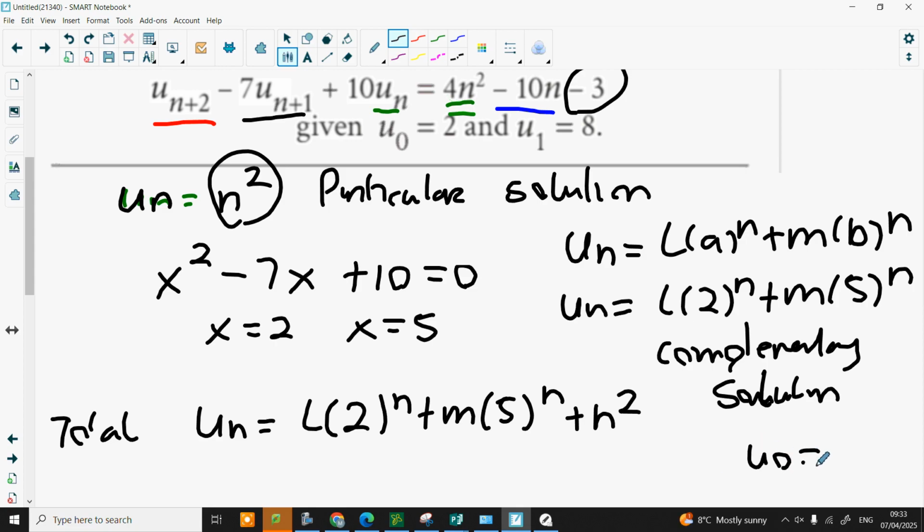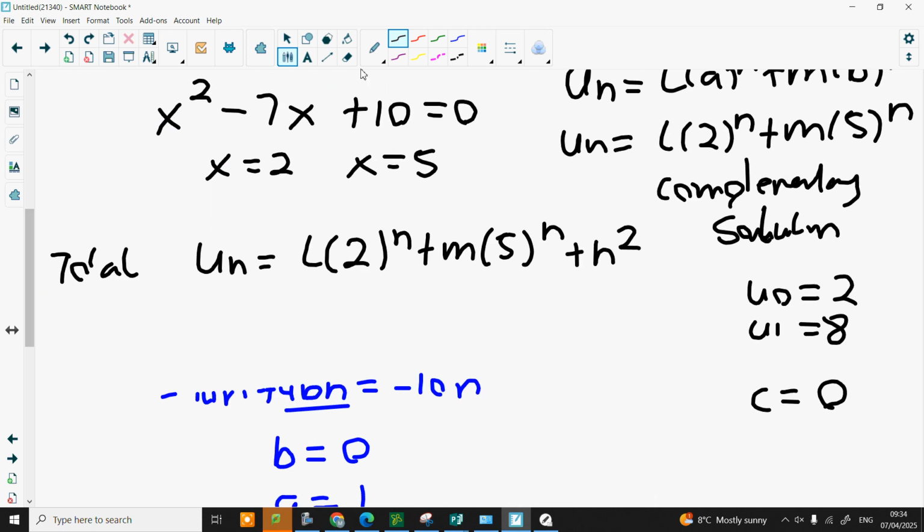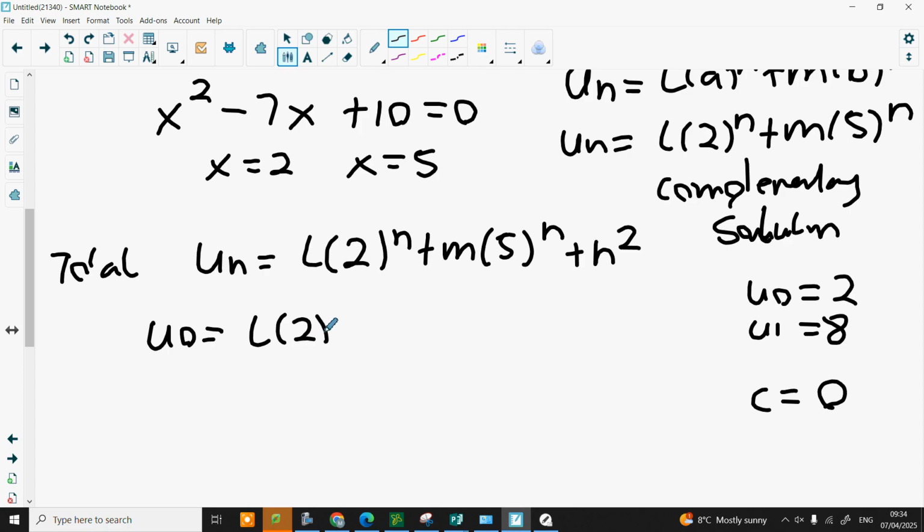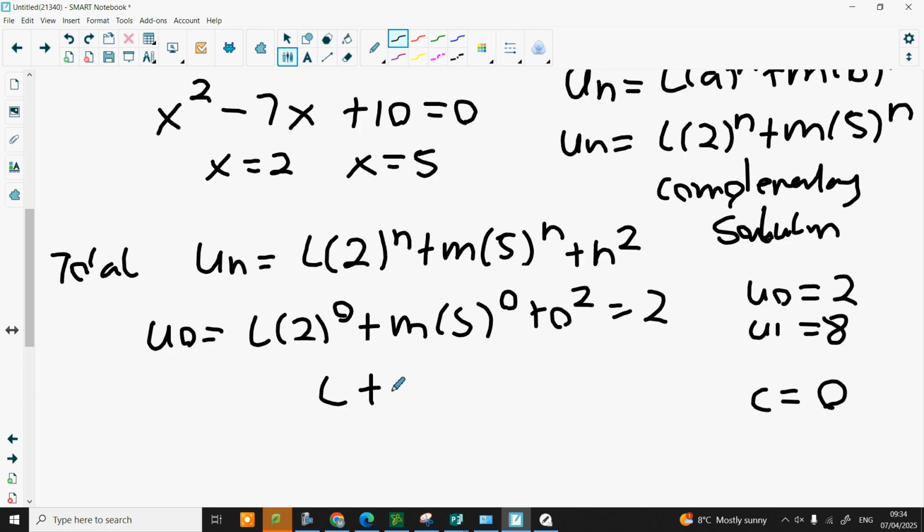Okay. My u0 equals 2 and my u1 equals 8. So let's do that. So we're going to go for u0. L times 2 to the power of 0 plus M times 5 to the power of 0 plus 0 squared equals 2. Then I get L plus M equals 2.